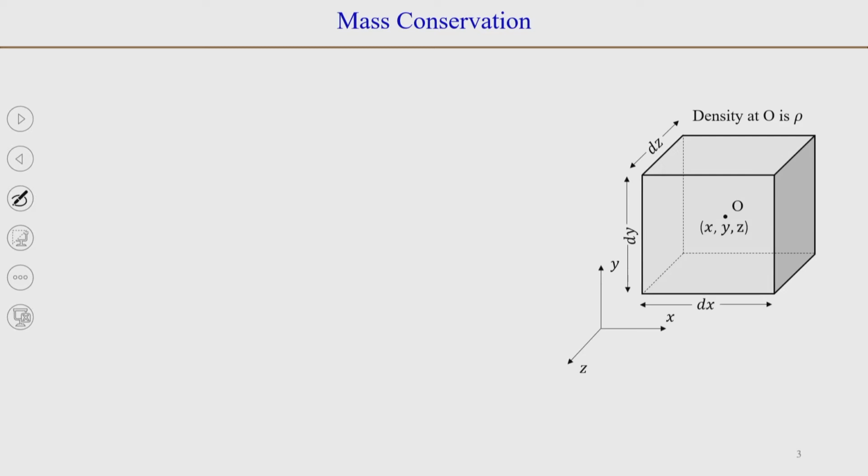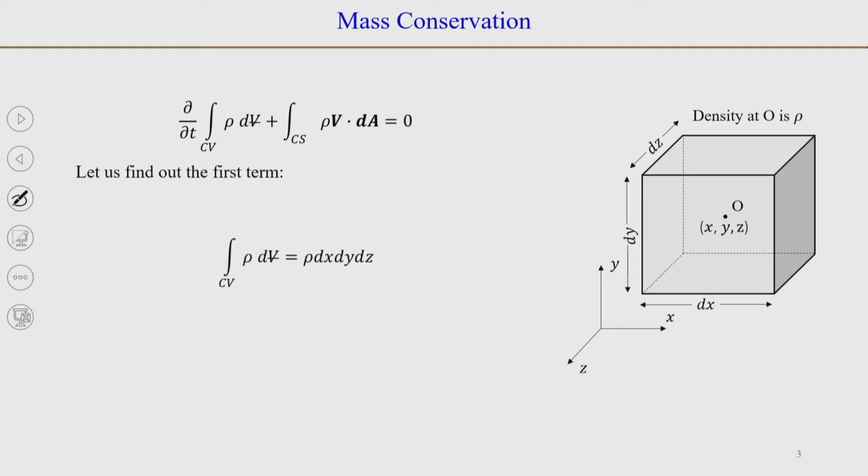Let us look at the first term of this equation. It is basically integrating density over this control volume. Because the density is a continuous function, we can write a Taylor expansion for density, and it will vary in all the directions.